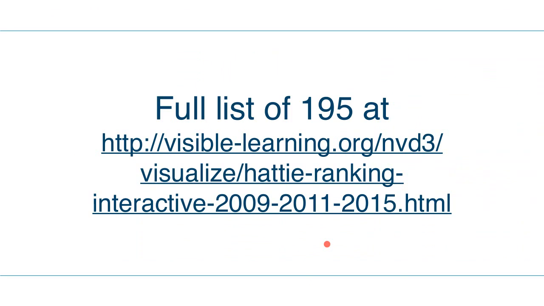The full list of 195, so that's from the 2015 review of visible learning, is available on that link. I'm not sure if that link's going to work. It looks like it's broken up into different pieces. Just trying to see if that link's working. Yeah. So if you're interested, you can have a look, and you can see whereabouts everything fits into it on that scale.